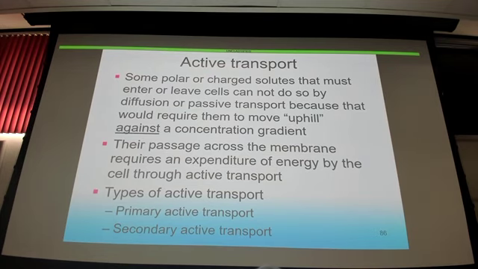Now to pull water from the outside of the cell, what it's using is the movement of sodium within the water, diluting it.